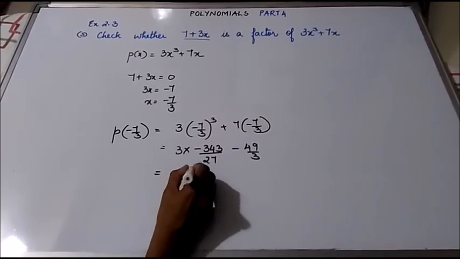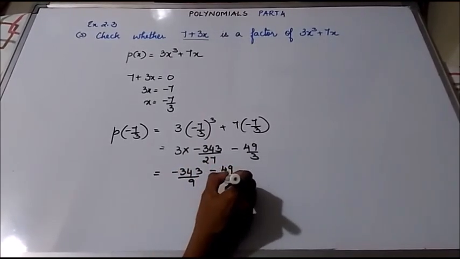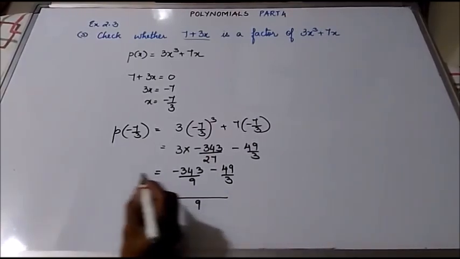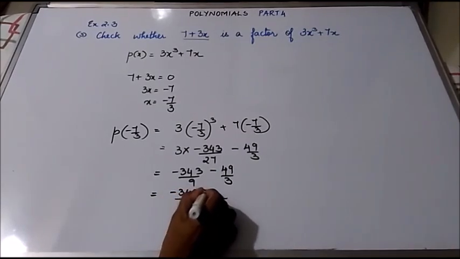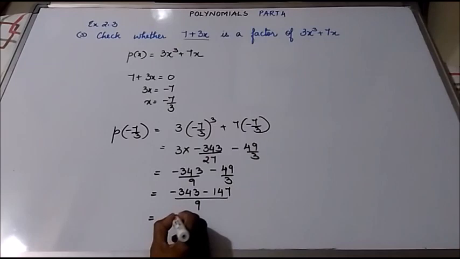We get here minus 343 by 9 minus 49 by 3. Here the LCM is 9. We get here minus 343 minus 147, that will give us minus 490 divided by 9.